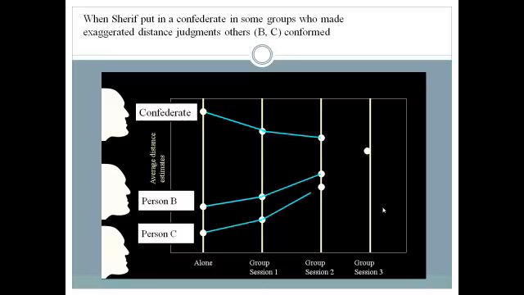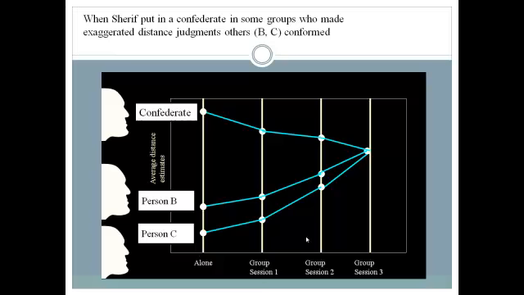Now, what would happen if Sherif put a confederate in, somebody who knew what the study was about, and purposely made a distance judgment that was way off the scale, way different from the others? Okay. Well, are the real subjects, person B, person C, just going to ignore the confederate and say, the confederate's out of his or her mind, we're going to make our own estimates?